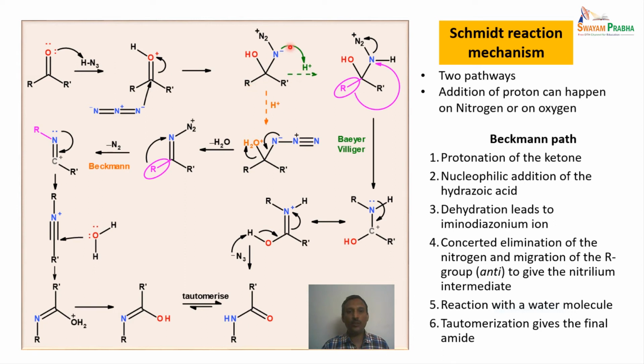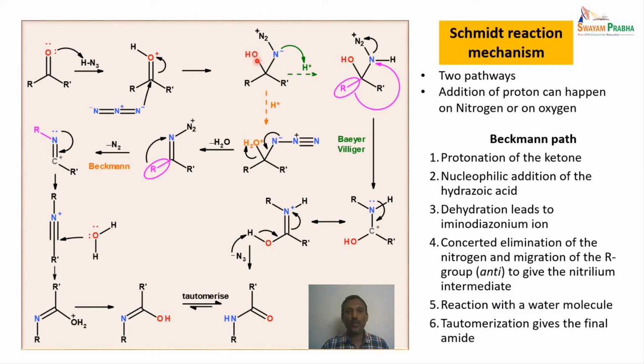That leads to this particular intermediate, and this is where there are two pathways by which the product can be formed. One pathway is very similar to the Baeyer-Villiger reaction. Another pathway follows the Beckmann rearrangement pathway. The major difference between these two pathways is where a proton is added to the intermediate, whether it adds to the nitrogen or to the oxygen.